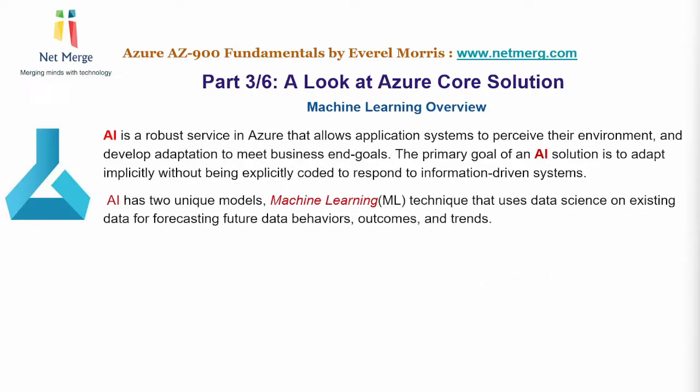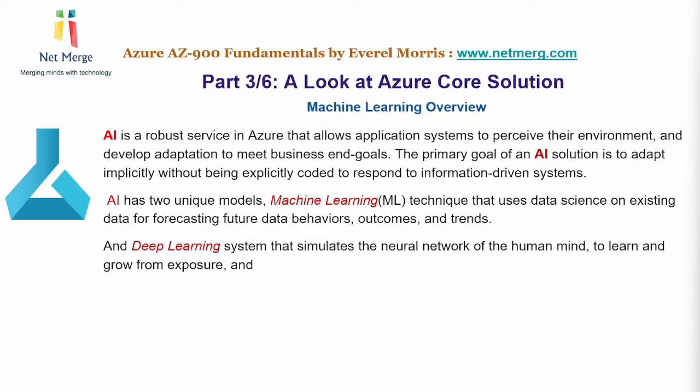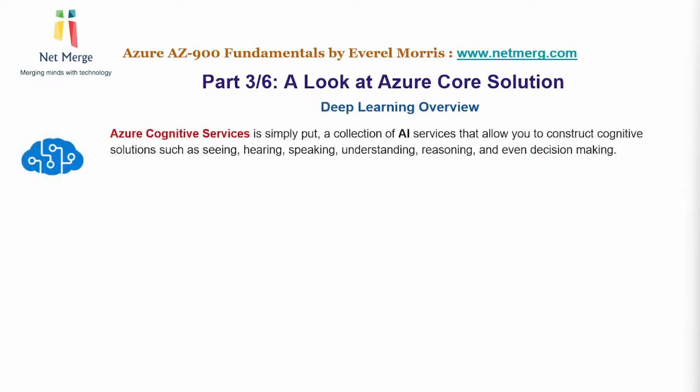So there are two models: machine learning, which requires a lot more skills and a lot more engineering work to actually get it to work. And then we also have deep learning, which simulates the neurons of the human mind. That is easier to implement based on the way it's implemented, and we'll be talking about that very shortly.